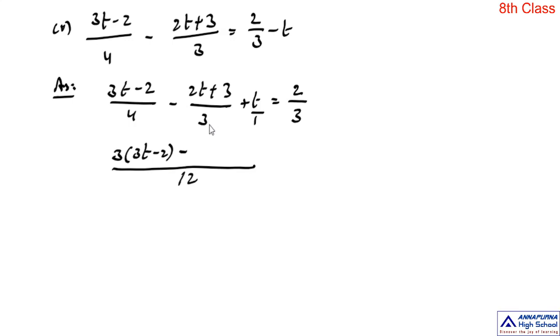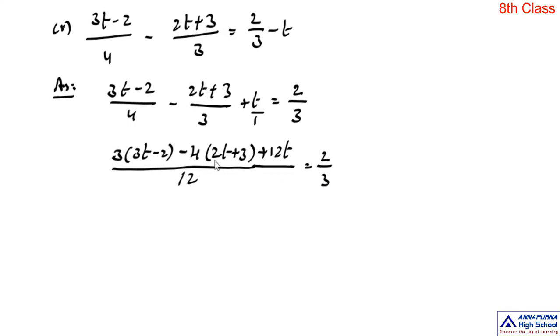The second denominator is 3, and which number do you multiply with 3 to get 12? 4, and multiply the complete numerator. So 4 into 2t plus 3, you must put these brackets. Plus is there, and the third denominator is 1, which number do you multiply? 12. So 12 into t is equal to 2 by 3.